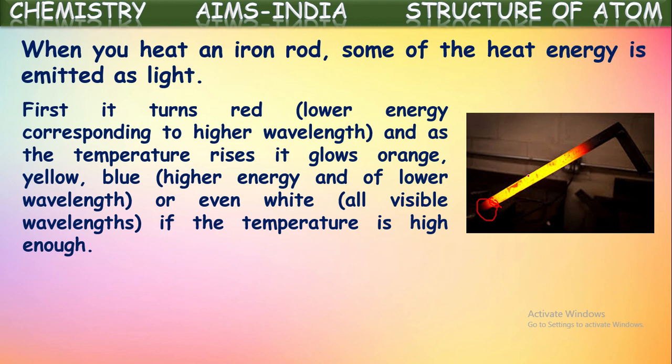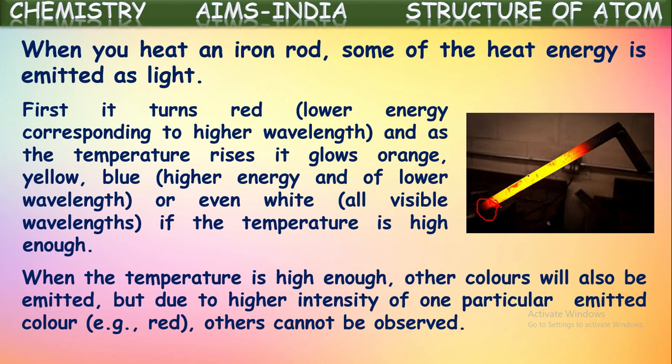If the temperature is high enough, it glows white as it is heated at very high temperatures, isn't it? Yes. When the temperature is high enough, other colors will also be emitted. But due to the higher intensity of one particular emitted color, the other colors cannot be observed. So, as the iron rod is continuously heated, at the start it may be seen in red color, and slowly the color changes as heat increases: orange, yellow, and blue.